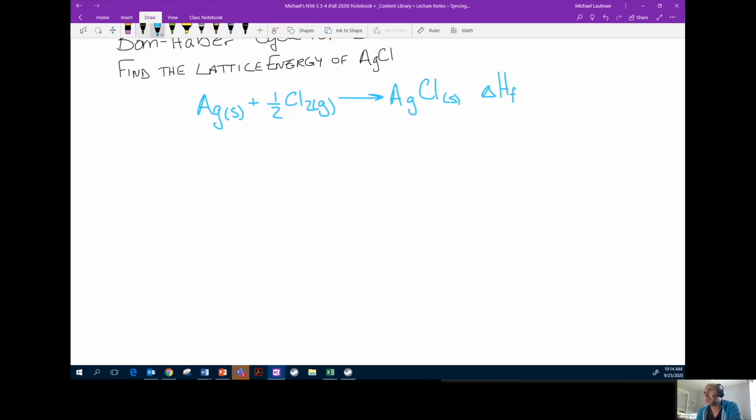Now, the key with the Born-Haber cycle is that if we can figure out a bunch of simpler steps that add up to the overall reaction, then that's how we're going to do this, because a lot of the quantities, the ionization energies, all of that, are known.